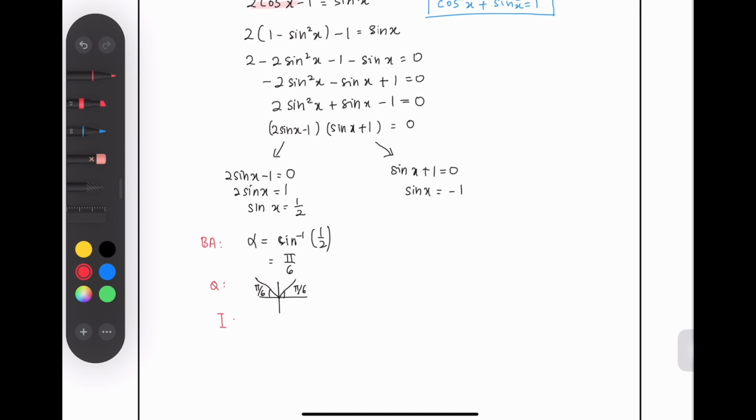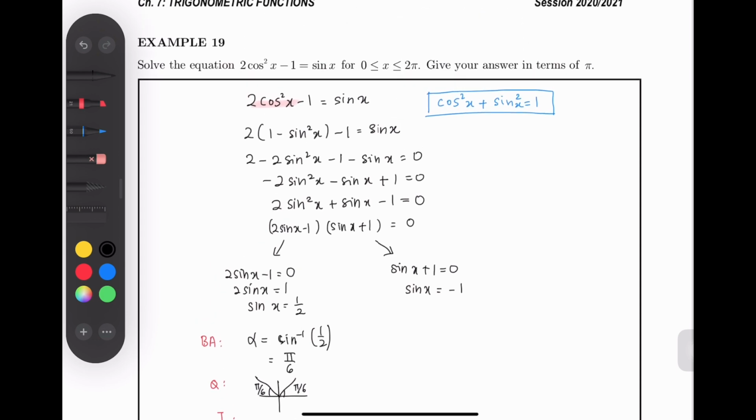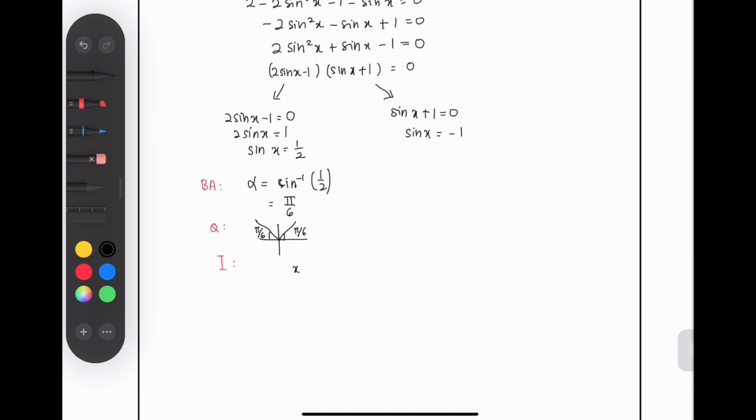The third step is the interval. From the question, you can see clearly the interval is from 0 to pi, inclusive. And the last one, rotate.